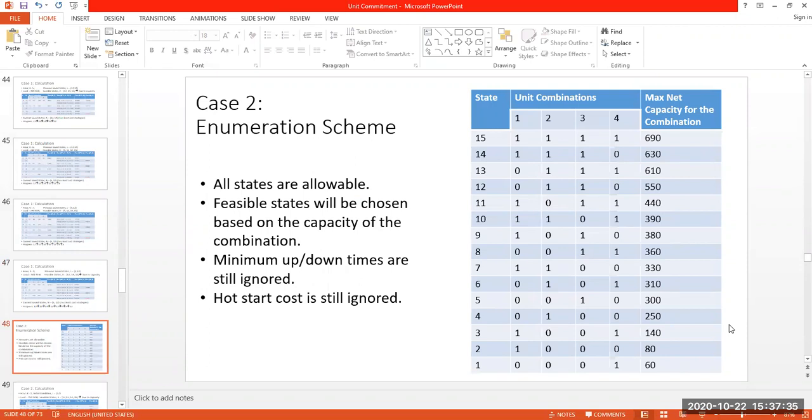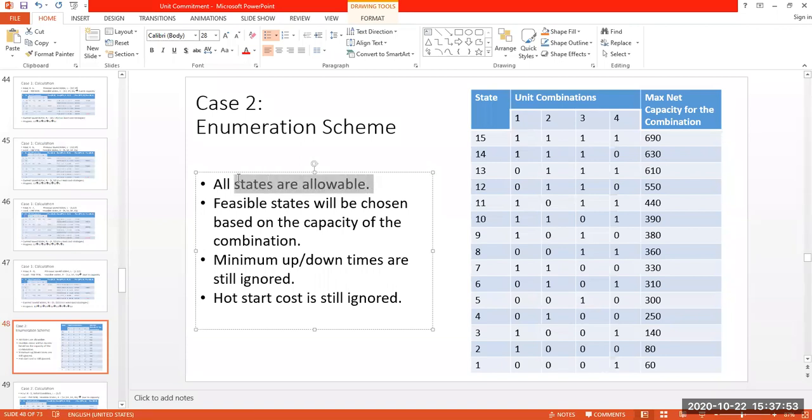Now, what is the basic difference between case 1 and case 2? There's a very subtle difference because we have some different assumptions there. Case 1 dealt with a pure priority ordering scheme, but case 2 gives us another option of solving the problem.